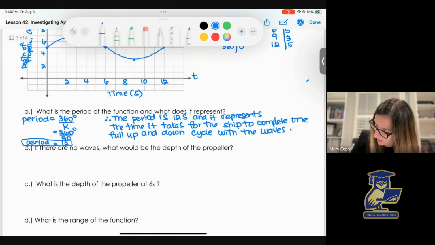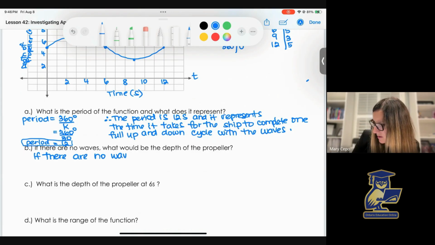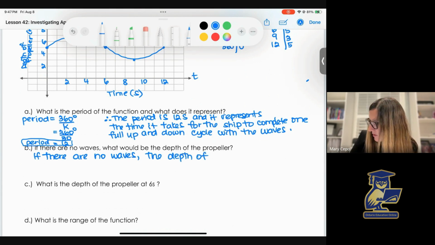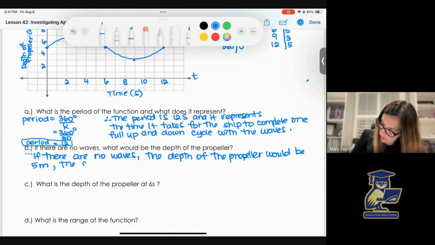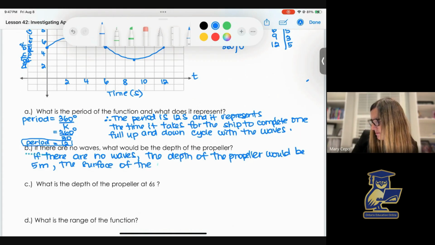If there are no waves, the depth of the propeller would be that equation of axes, which is 5 meters on the surface of the water.